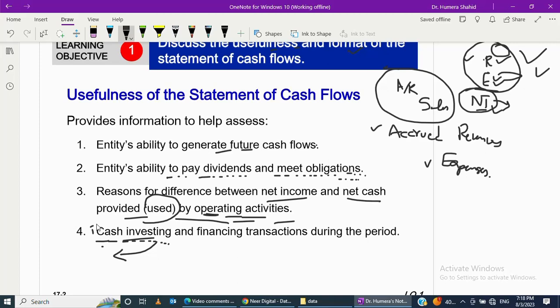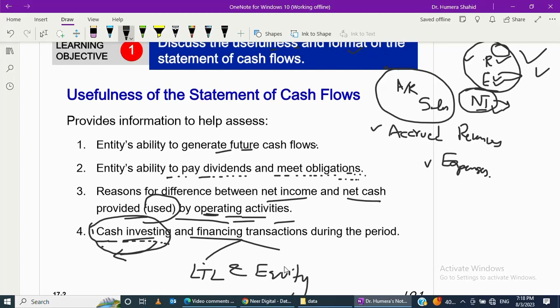So basically, the long-term assets are considered as investing activities. And then comes the financing activities, the sources of finance, from where you get the money. So the sources of finance in the companies are long-term liabilities and the owner's equity section.